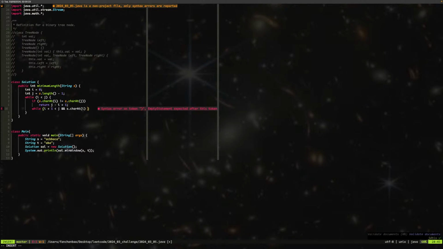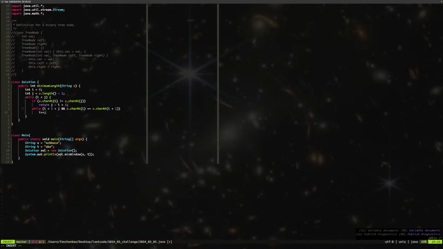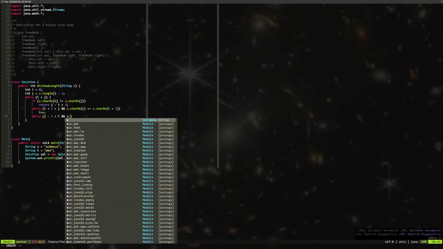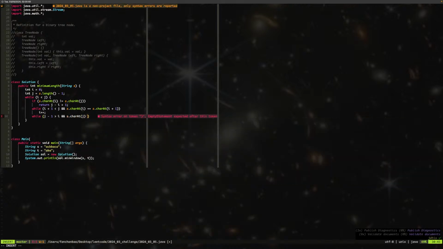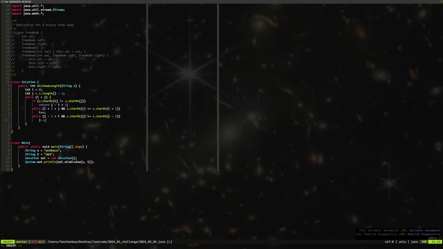While this is equal to s.charAt(i plus 1), i plus plus. So we keep going until we can no longer go or these two are not the same. And then we do the same thing for j. While j minus 1 is larger than i, and s.charAt(j) is equal to s.charAt(j minus 1), then j minus minus. So keep going until we cannot go.